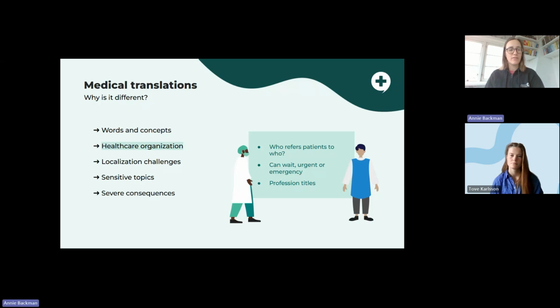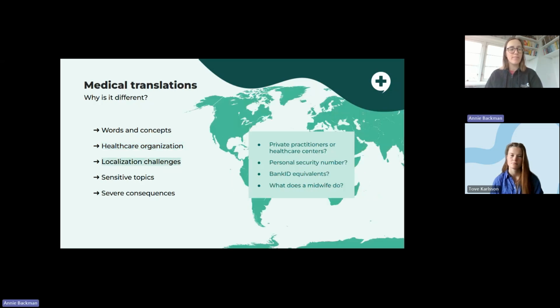That's also very important. A third thing with the medical translation is localization challenges. For those of you who don't know what localization is, it is when you adapt your text to a new market.